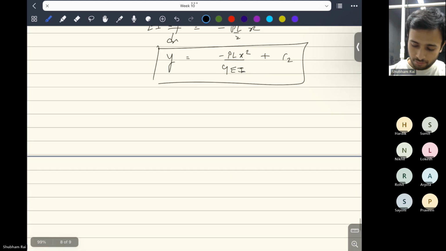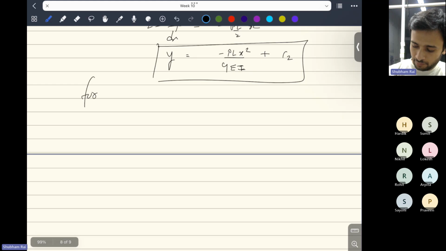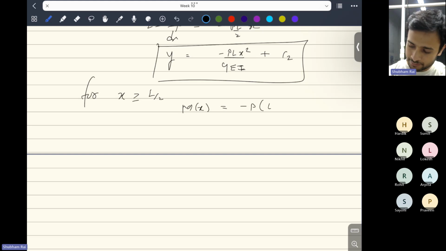So now for x greater than or equal to L by 2, we have found above that Mx is minus of P into L minus x, right? So we have EI d square y over dx square, which is minus of P into L minus x.